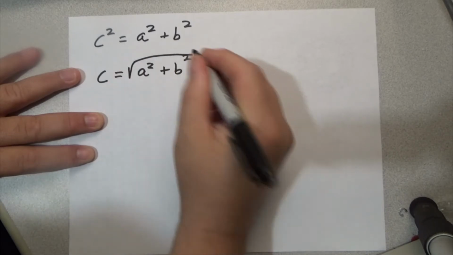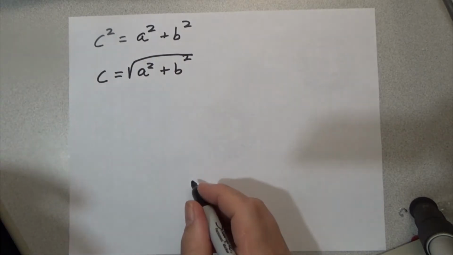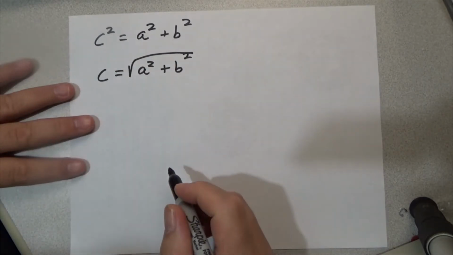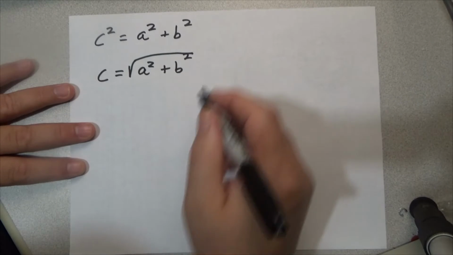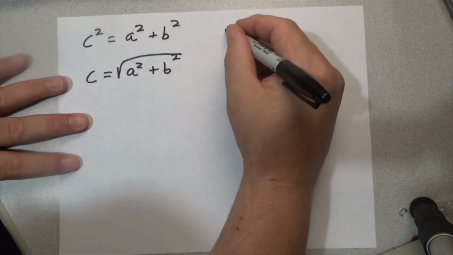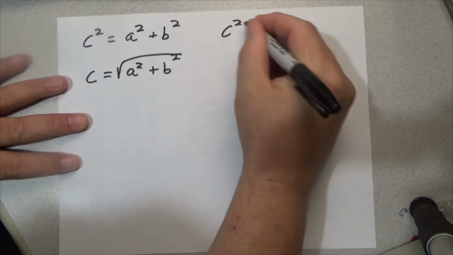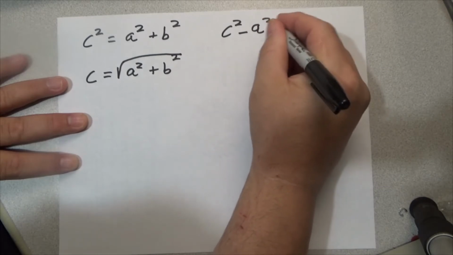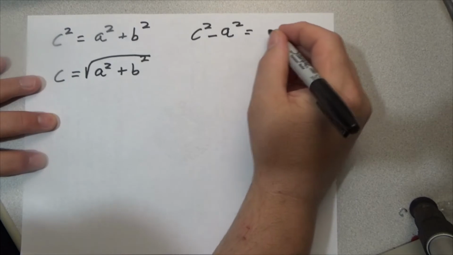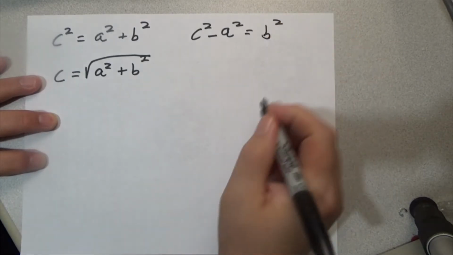Well, what if we wanted to find one of the other legs? Let's algebraically solve this for b. We would say c squared minus a squared equals b squared.